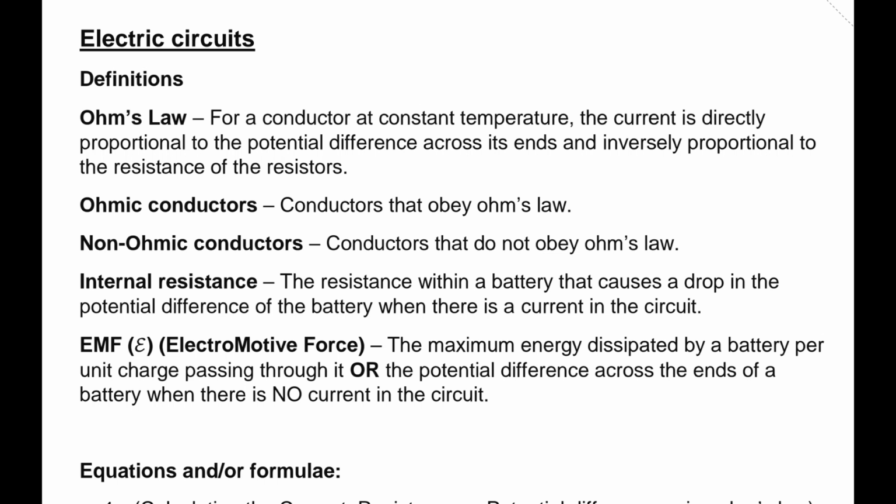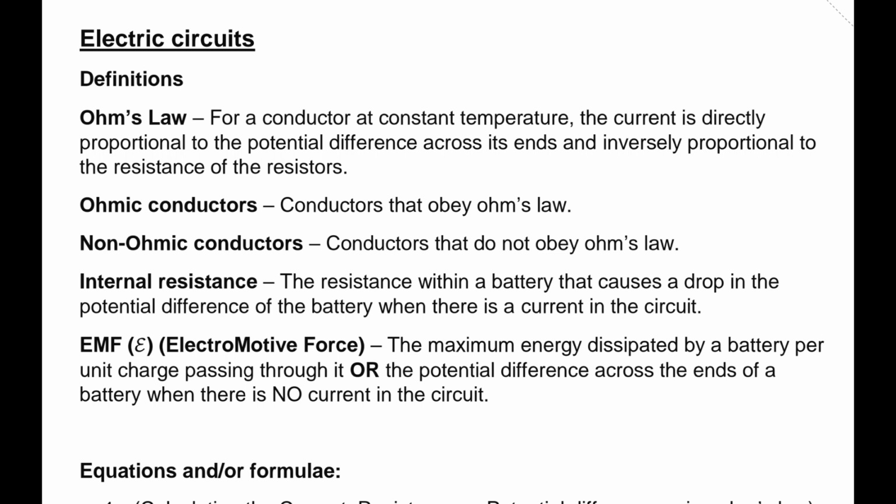I is directly proportional to V, meaning that when current increases, voltage, or potential difference, will increase. Some textbooks call it voltage, some call it potential difference, and it is measured in volts.